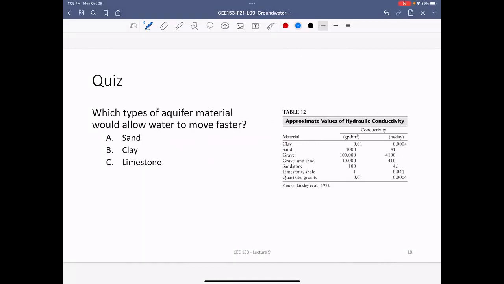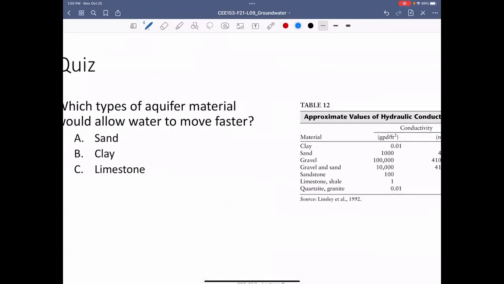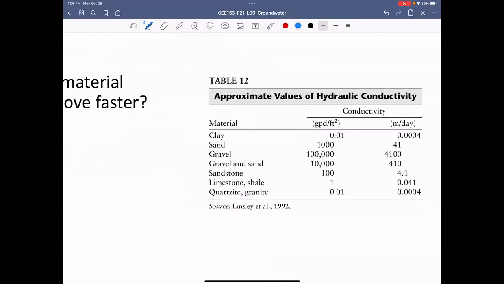All right, how many of you think the answer is A? How about B? C? All right, as you can see, all I'm asking is where the hydraulic conductivity is higher. Does water move faster when K is higher? As you see here, hydraulic conductivity is given.